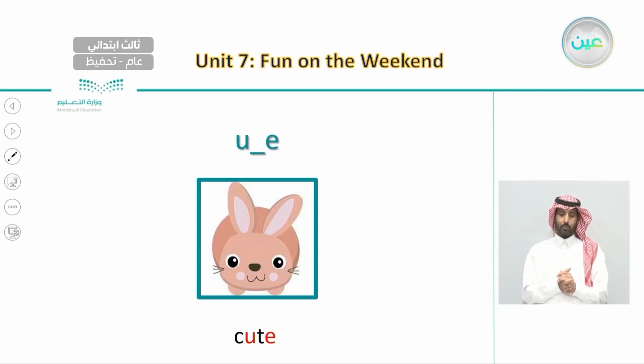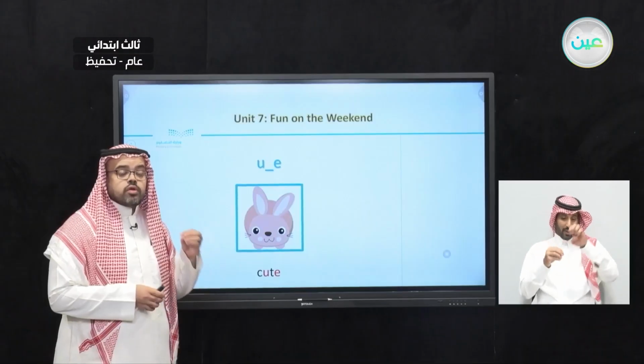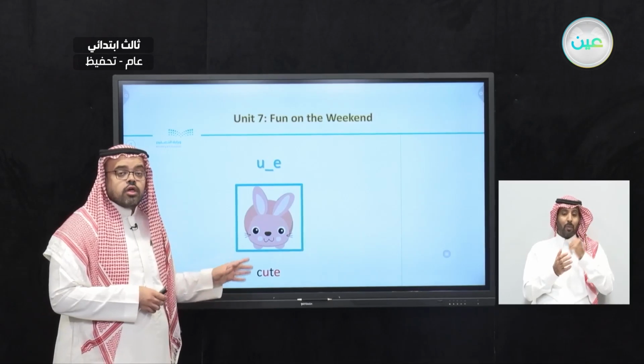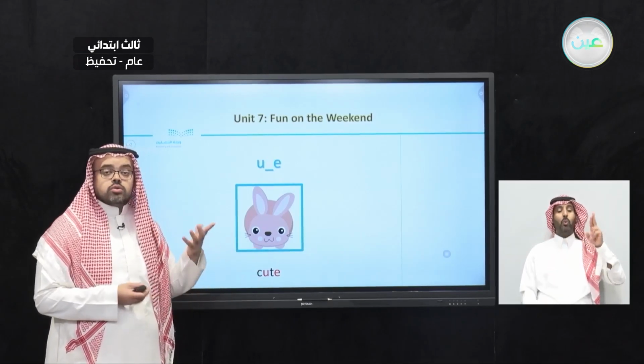And also the other word from the UE group of words, which is cute. Cute. Say with me. Cute. You see how with these words we pronounce U as it is. We pronounce the letter U as it is. Cute. Why is this?